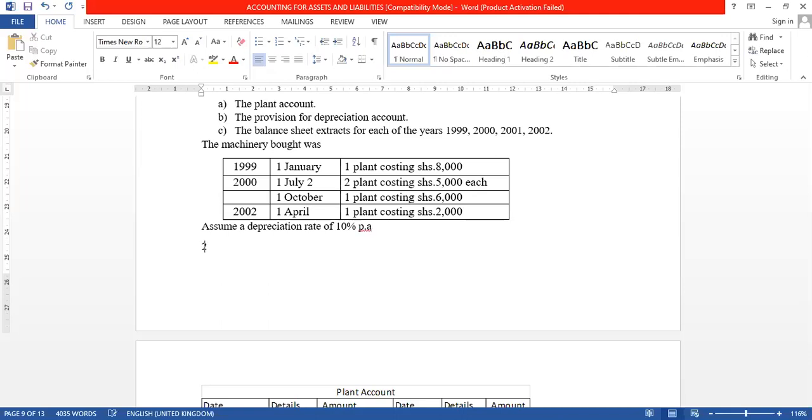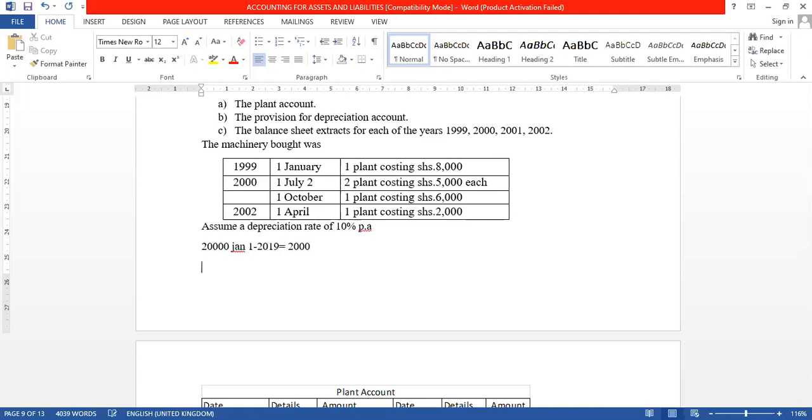If you bought a machine costing 20,000 on January 1st, 2019, and the depreciation rate is 10%, then we'll charge a depreciation of 2,000 per year.